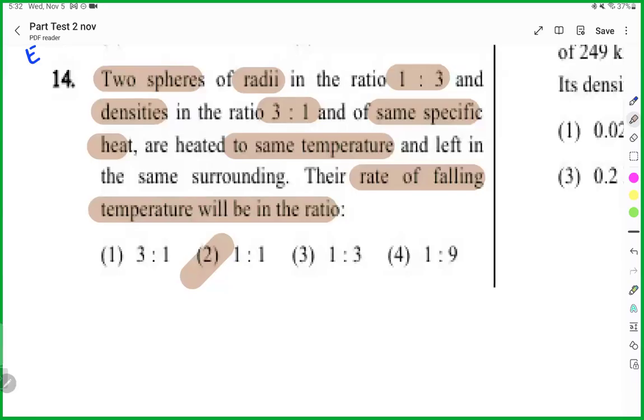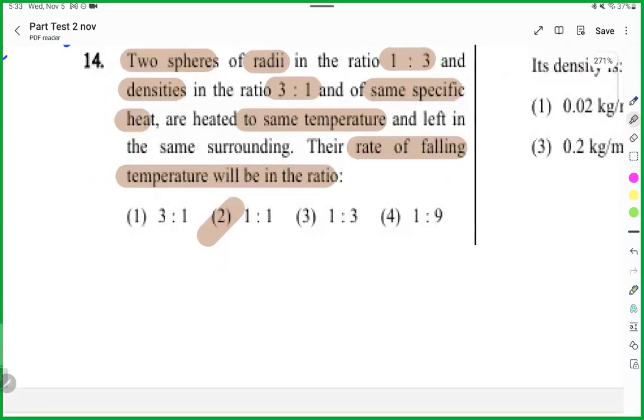Sir, option 2 yaar, option 2 yaar. Okay. Answer will be 2. How, guys?